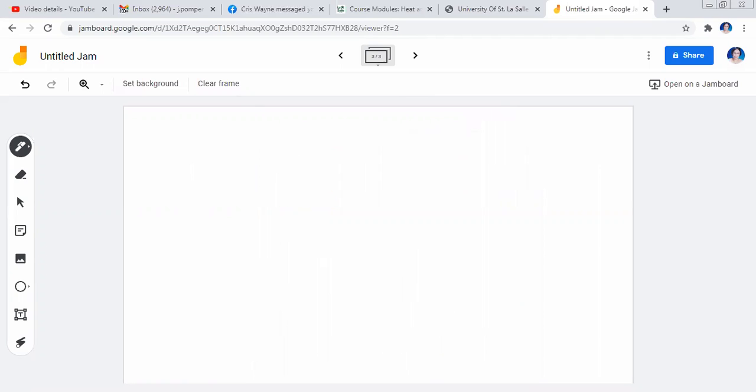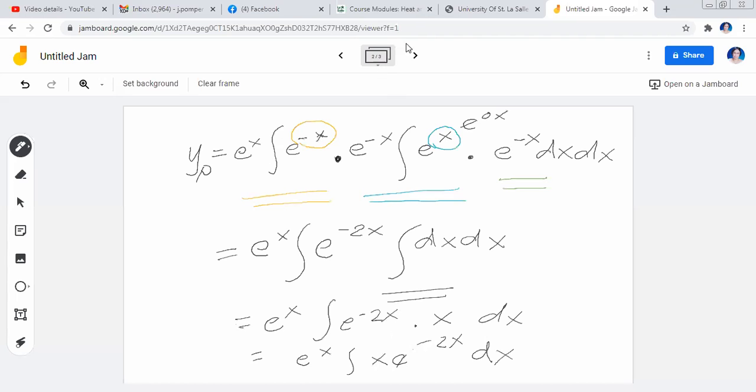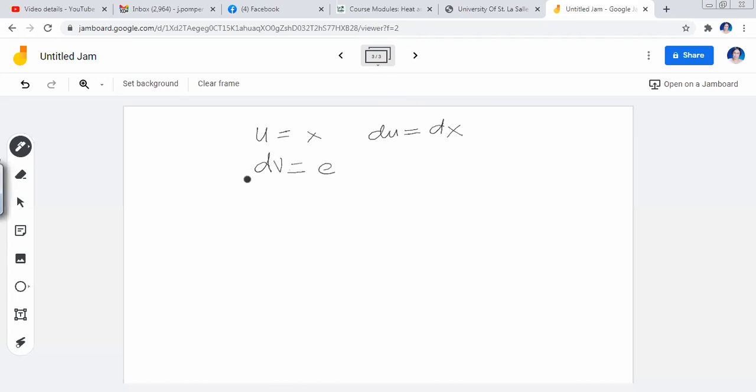So if you use integration by parts, your u is x, your du is dx, your dv is e raised to, let's see, what do we have there? E raised to minus 2x. And your v is equal to negative 1/2 e raised to minus 2x.